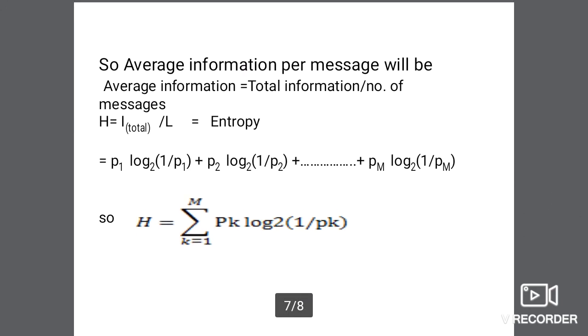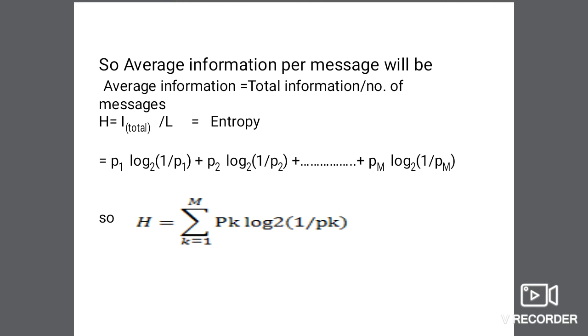So the average information per message is the total information upon the number of messages. Here the number of messages is L, and the total information is P1L log base 2 of 1 upon P1 plus P2L log base 2 of 1 upon P2, and so on. Put all the values in the given formula. Then this average information is equal to entropy.